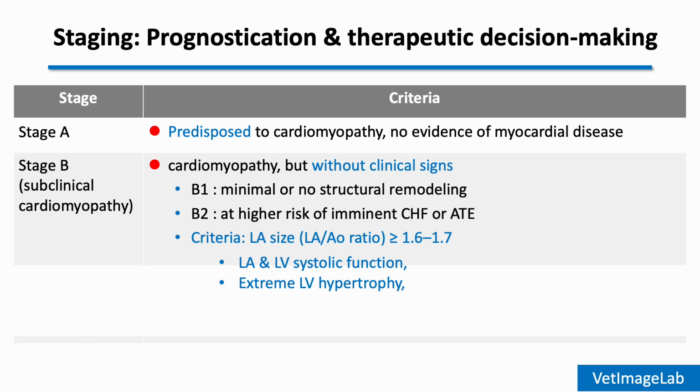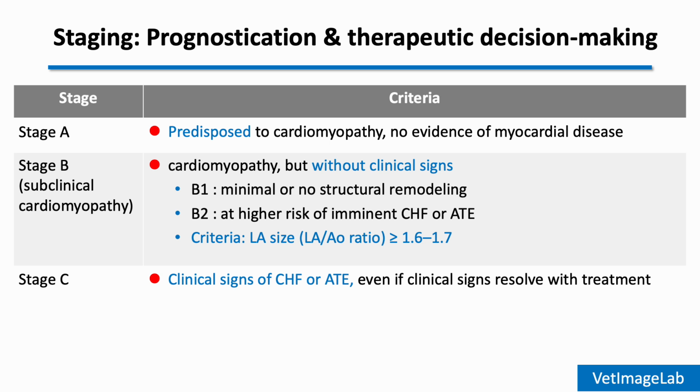The most practical clinical marker to distinguish B1 from B2 is left atrial size. When the LA to AO ratio reaches or exceeds 1.6 to 1.7, these cats are generally classified as Stage B2. Stage B2 is considered to have a higher risk of developing congestive heart failure or thromboembolism.